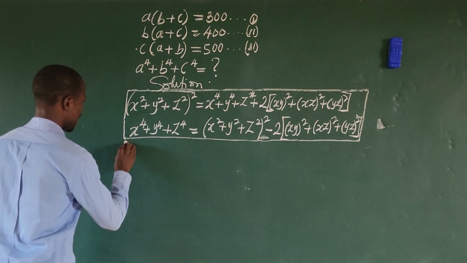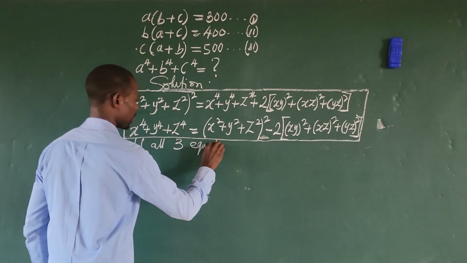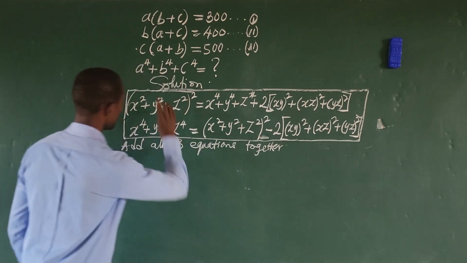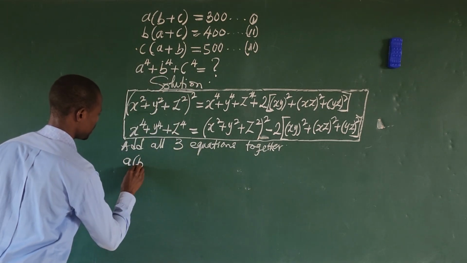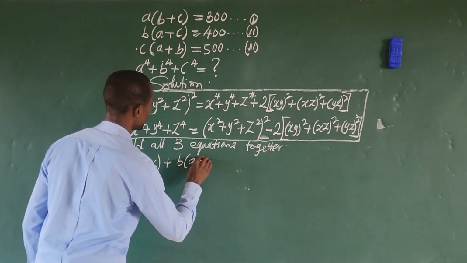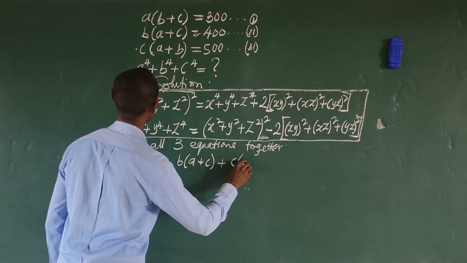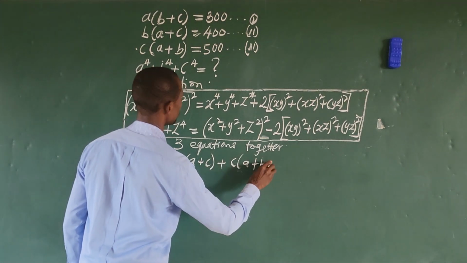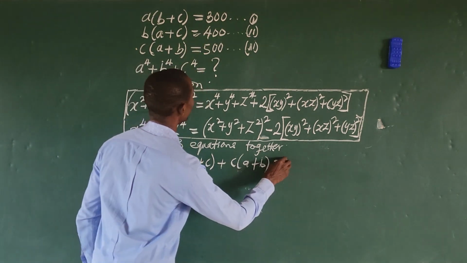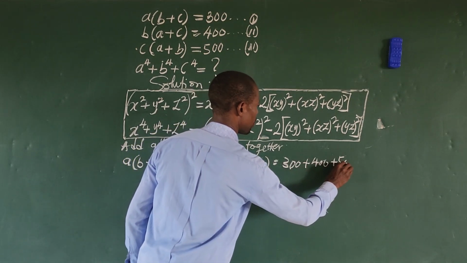So if we add all three equations together, it's going to give us a bracket b plus c close bracket, plus b bracket open a plus c close bracket, plus c bracket a plus b close bracket. Everything will now be equal to 300 plus 400 plus 500.